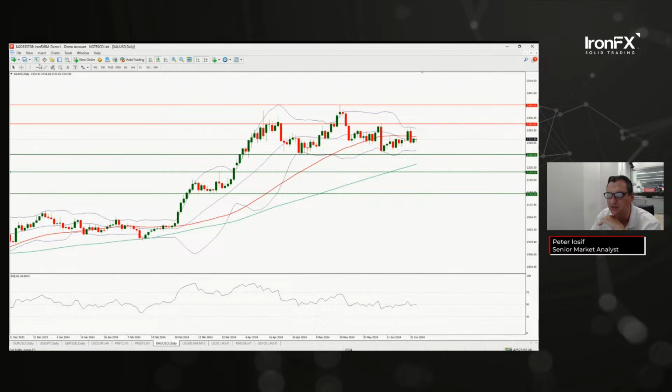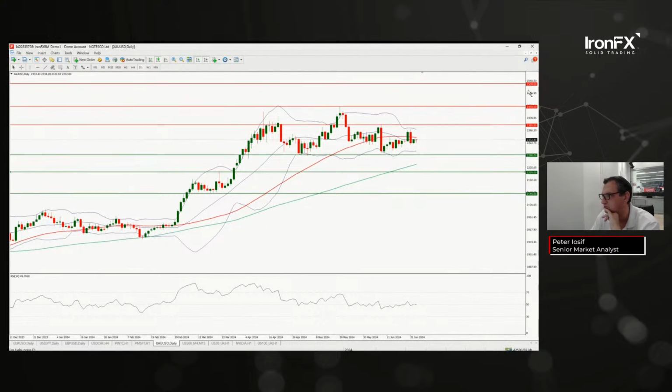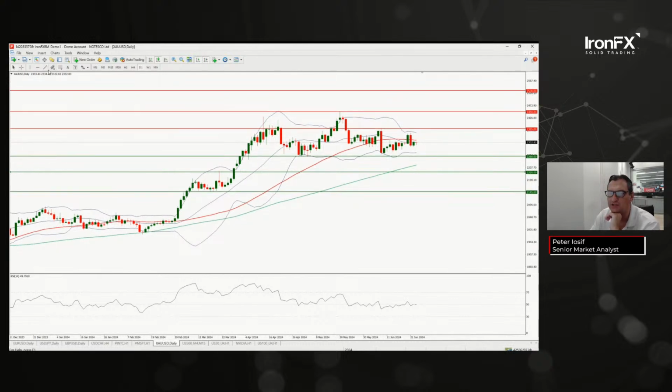I'm placing the R3 at 2,530. Let's place some labels, starting with the R3, 2,530 in red.